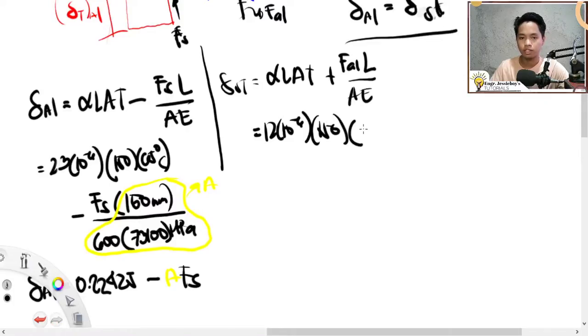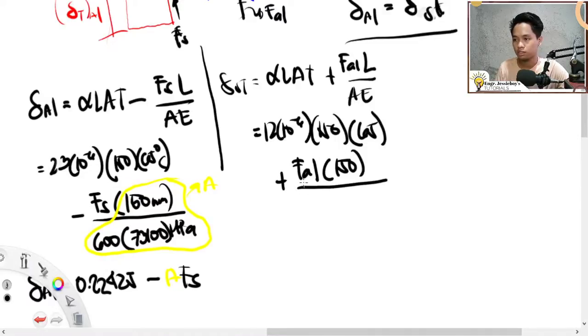Your change in temperature is 65 degrees Celsius plus your F aluminum multiplied by 150 over your area. The area of your bolt is 400 square millimeter, and that's A36, so that should be 200,000.